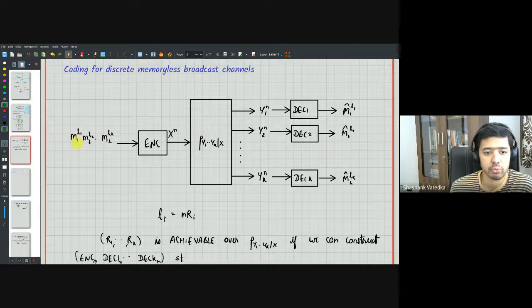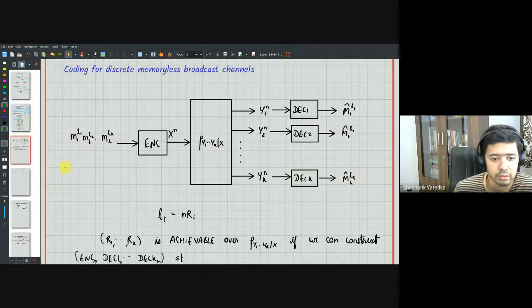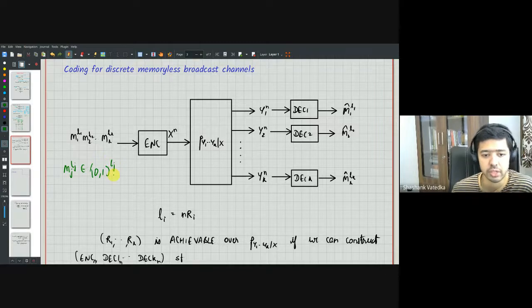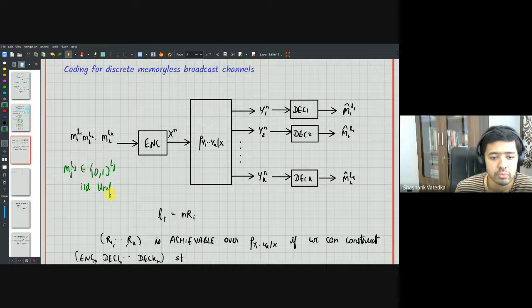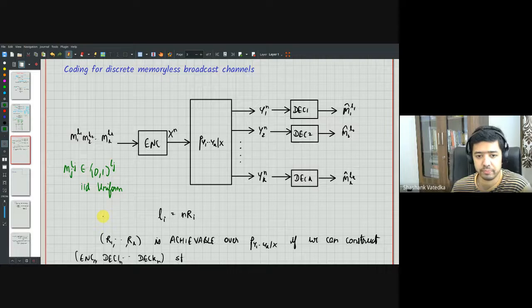So you have L1 bits to be sent to user 1, L2 bits to be sent to user 2, and so on, LK bits to be sent to user K. So M_j, the jth message, is a sequence of L_j bits, and we'll assume that these are all IID and uniform. So it's just a sequence of uniform random bits. Okay, so that is the assumption on the message.